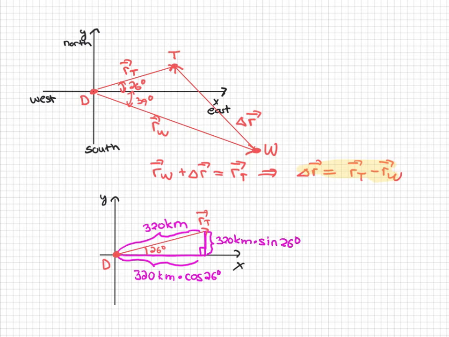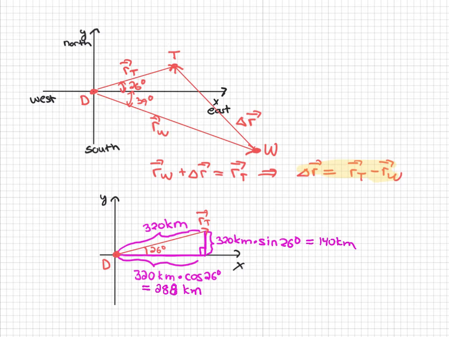Plugging into my trusty calculator, I find that the vertical leg has a length of 140 kilometers, and the horizontal leg has a length of 287 kilometers. Well, actually closer to 288.